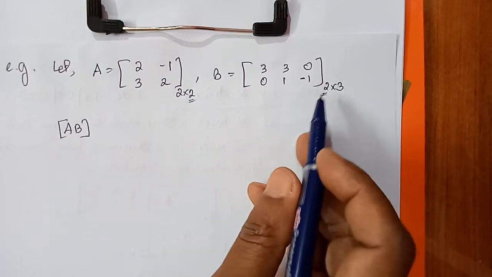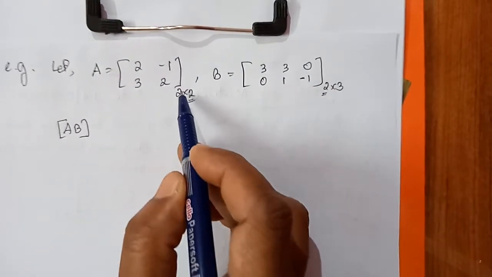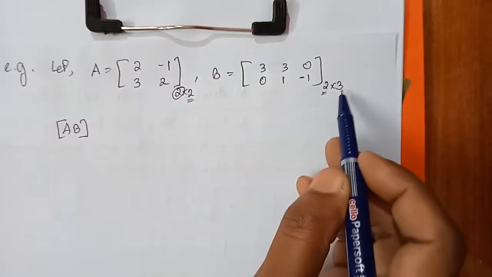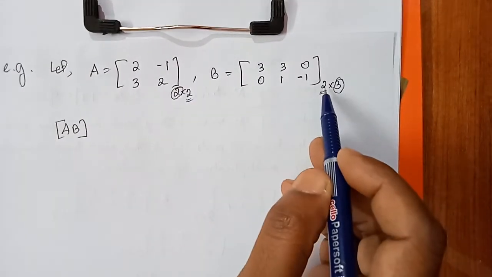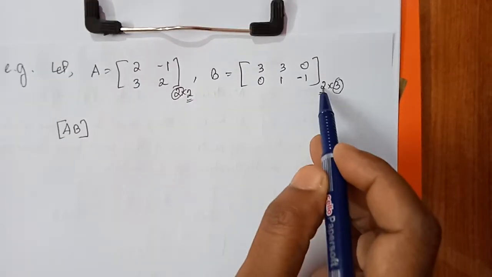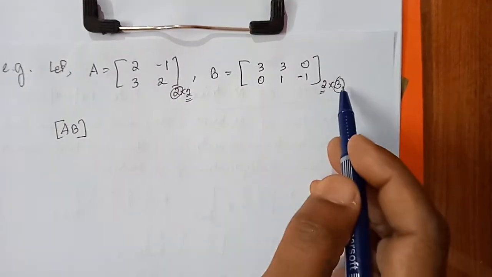And the order of the matrix after multiplication will be: this will be left and this will be left, because these two are the same numbers, number of columns and number of rows, so you have to ignore them, and the left out numbers will be 2, the first, and 3, the last one.